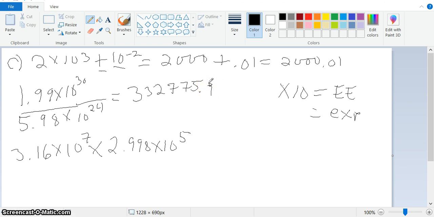I'm going to rewrite this in scientific notation. Notice I only have 3 significant figures in the numerator and in the denominator, so I really only need 3 significant figures when I do this.